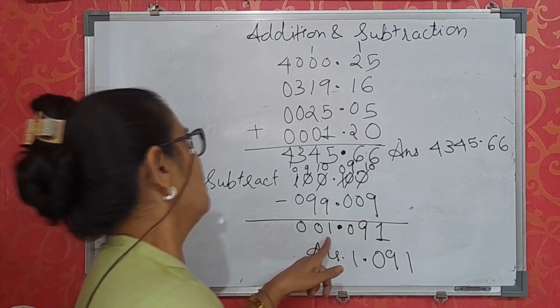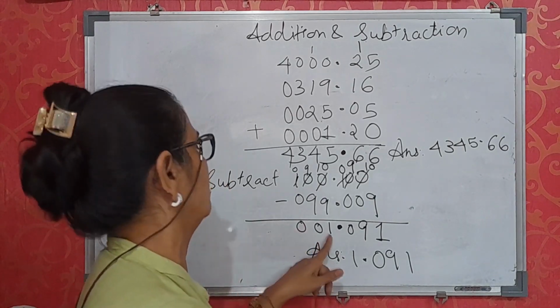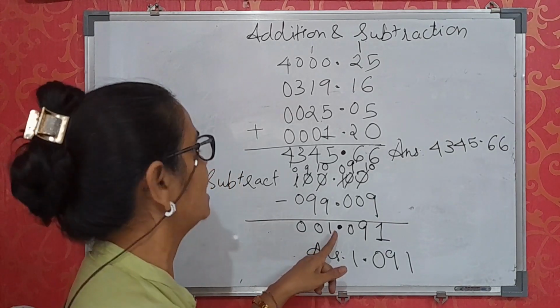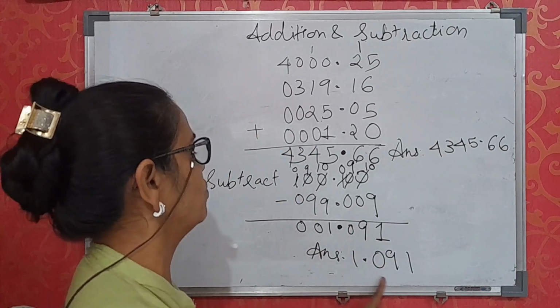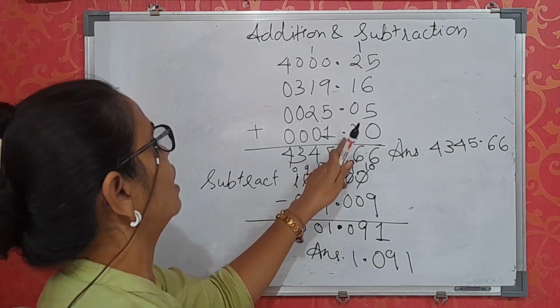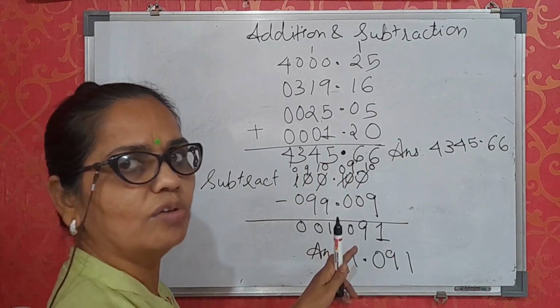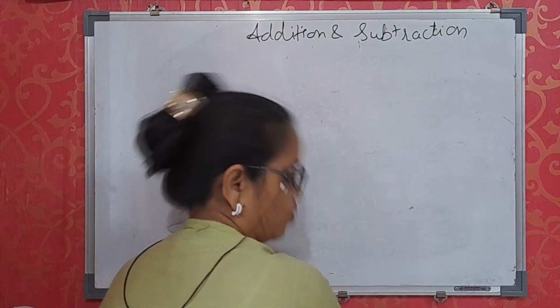Now before this 1, if you are not putting 0, 0, it's fine. You have to read your answer as 1.091 only. So this way you can write your final answer. Just be careful about where you have to put the decimal point. Without that you will lose your marks.